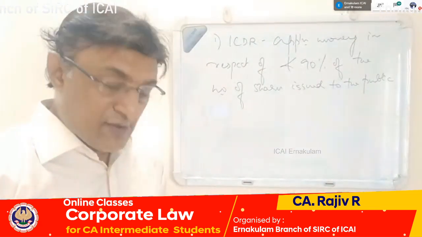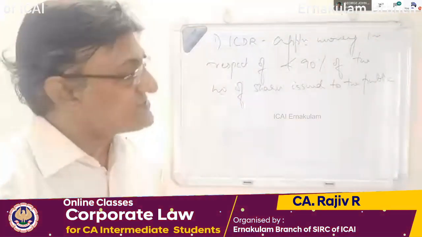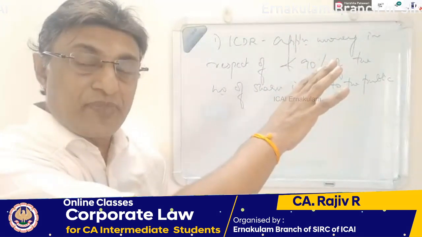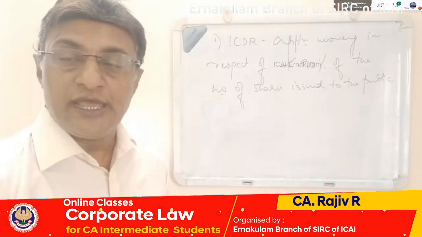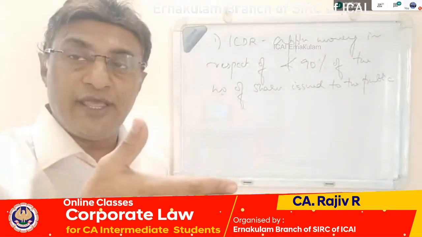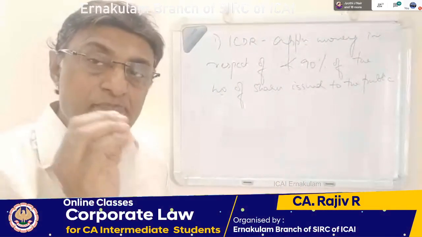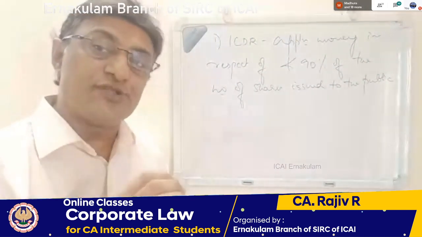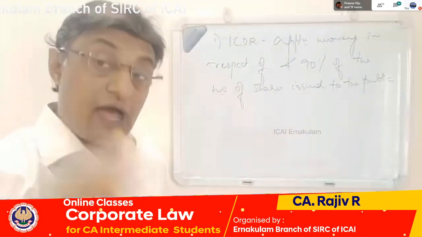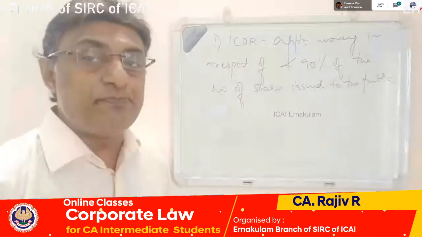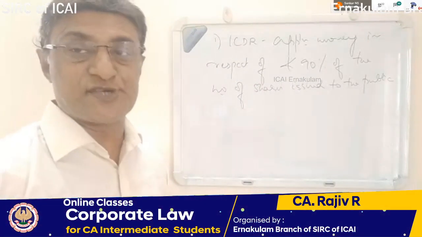I repeat, what does the SEBI ICDR say? The Issue of Capital and Disclosure Requirements regulation says minimum subscription means the application money, if you have staggered it into application money, allotment money, first call money, second call money, and so on. What is the amount payable by the subscribers to the shares as the application money in respect of at least 90% of the number of shares issued to the public for subscription.